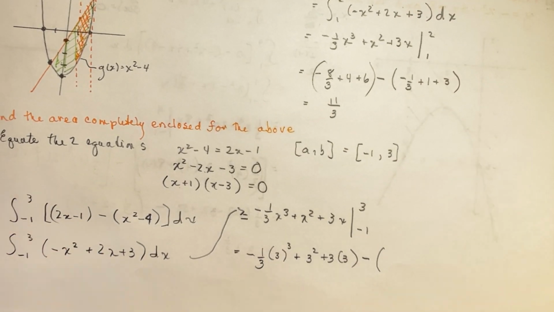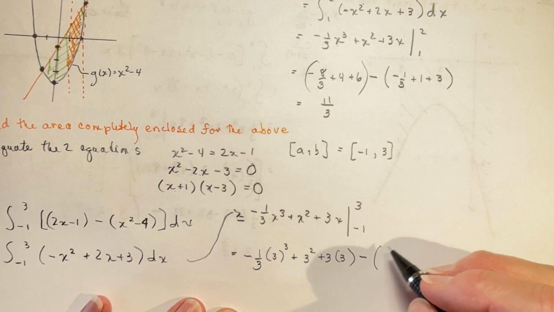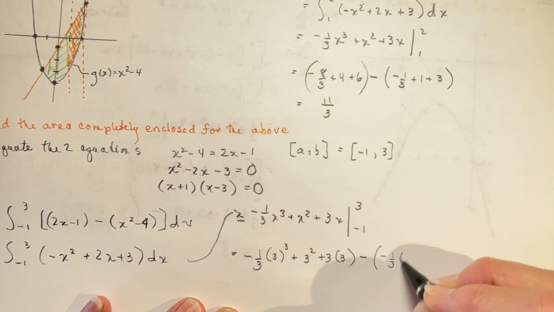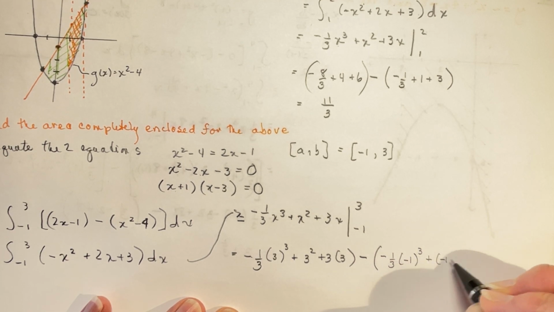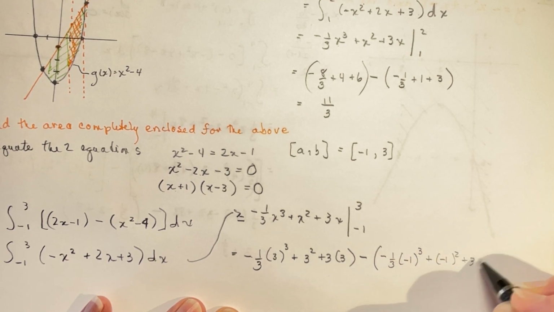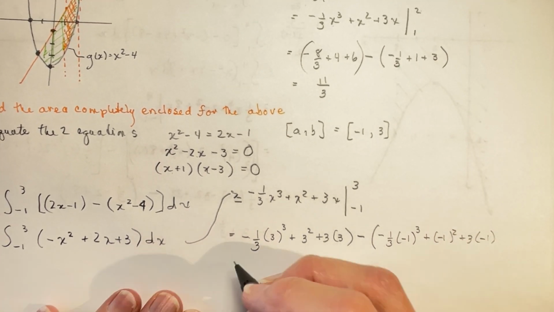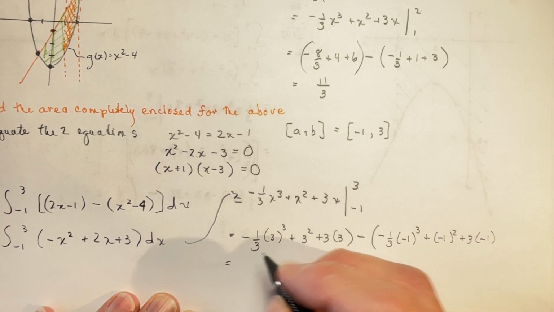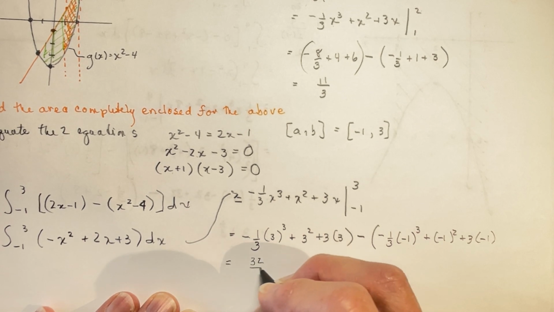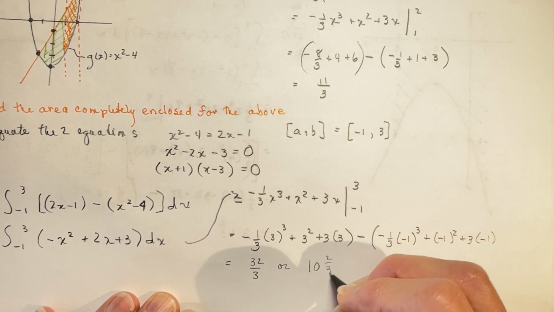For some reason my setup today is a little off scale. Okay, so I'm going to put in a minus 1 now. So be really careful with negative numbers, as you know. Plus 3 times minus 1. Okay, so now you get to do some fun math. The answer comes out to 32 over 3, or 10 2/3.